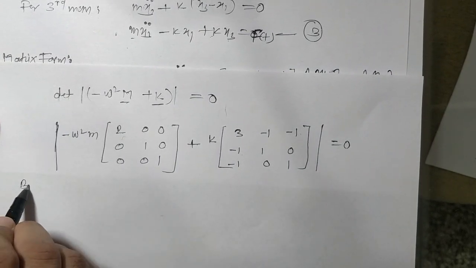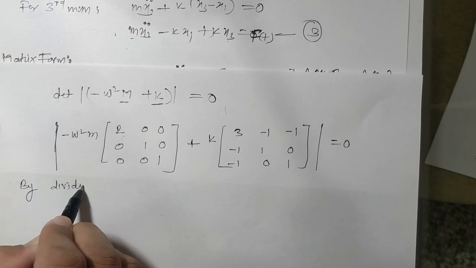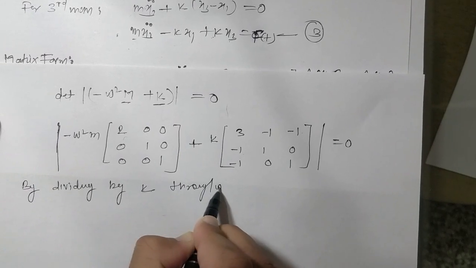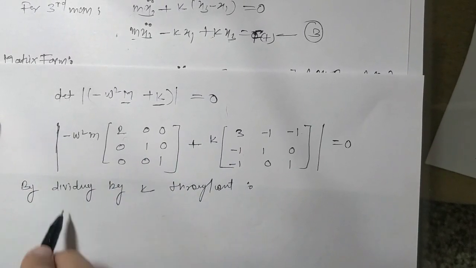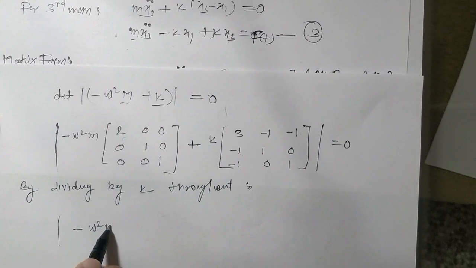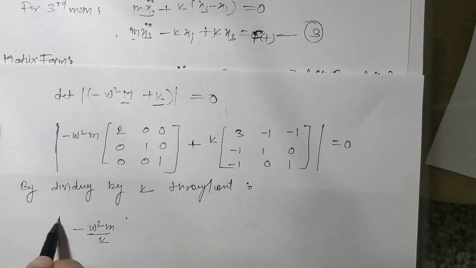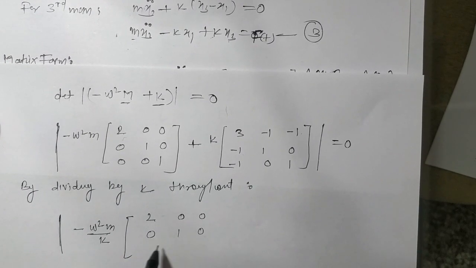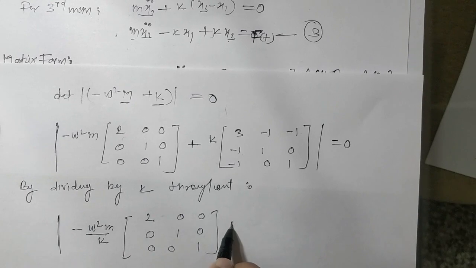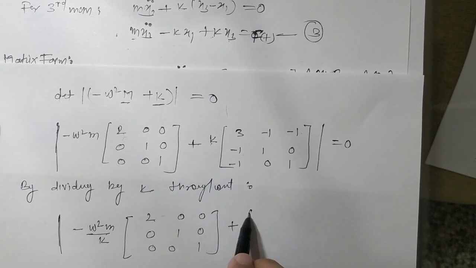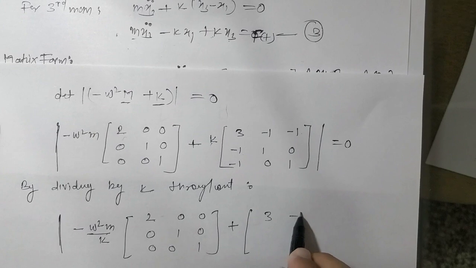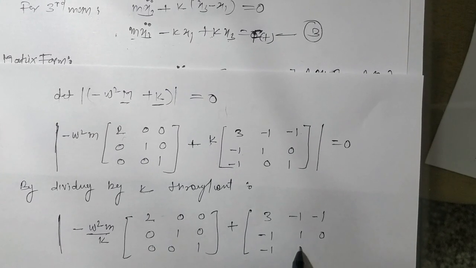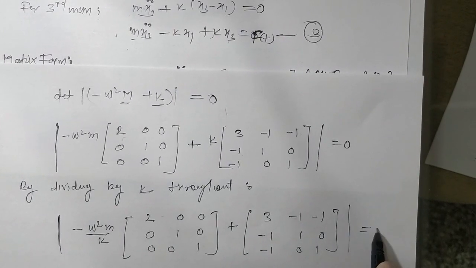So we get minus omega square m divided by k times 2 0 0, 0 1 0, 0 0 1, plus k divided by k becomes 1, times 3 minus 1 minus 1, minus 1 1 0, minus 1 0 1, equals 0.